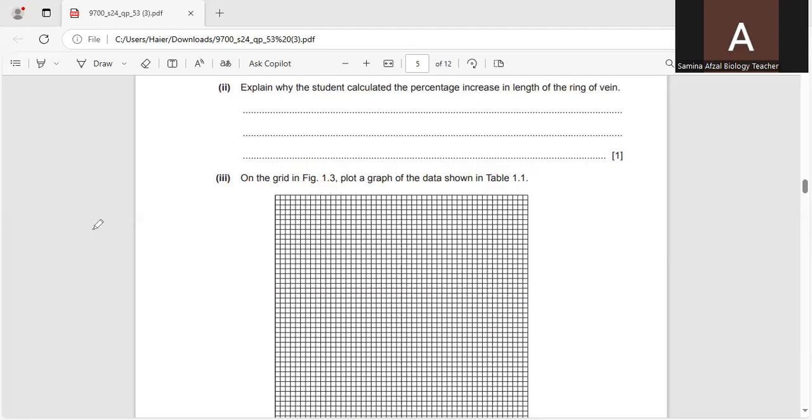So I'm going to write its answer over here. That is, the answer can be written in this way. It is of 1 mark, so I will write only 1 point.